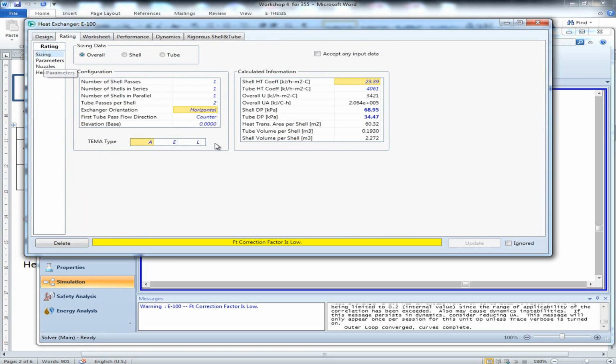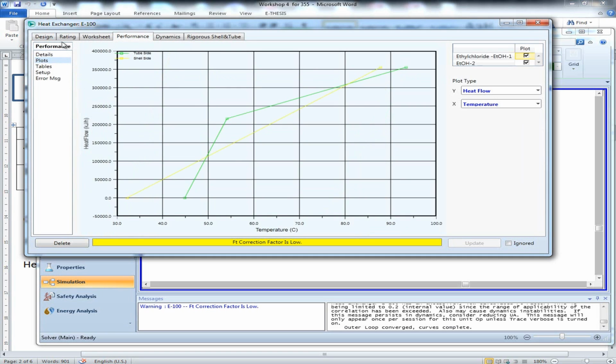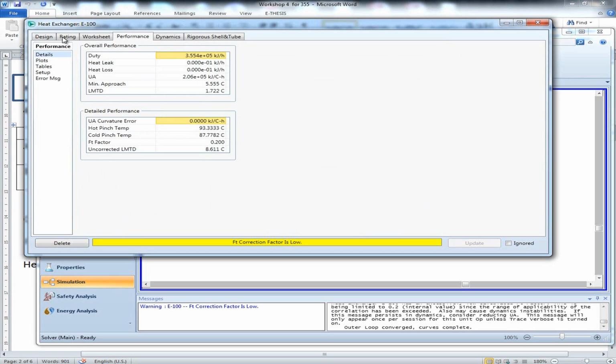This is the case of 1-2. The Ft has gone low. How low is it? We have Ft equal to 0.2, which is too low. The acceptable value should be higher than 0.75, so this is not good.